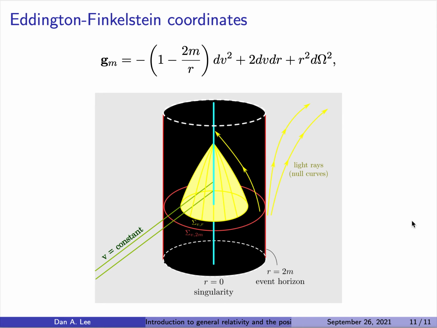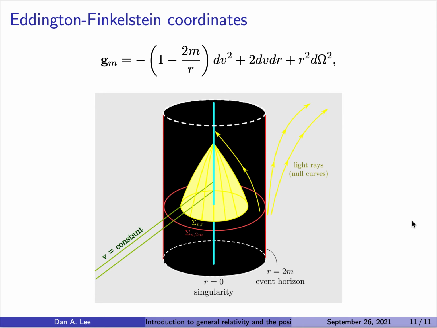For now, it's the yellow curves that I want to take interest in. You see that there's an r equals 2m. If you're outside of r equals 2m, you can have light rays or null curves that veer off towards infinity.